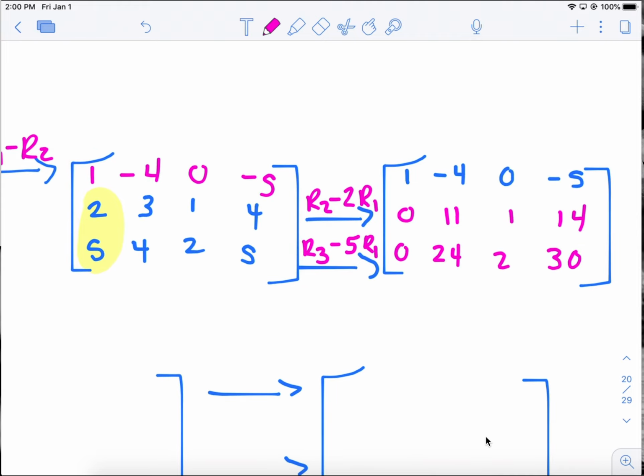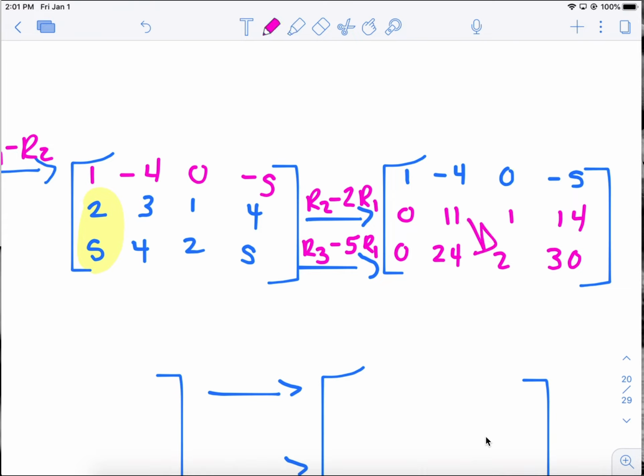All right, next thing I tried to do is, let's see. Oh, I switched them. Because this one was such a big number, I just switched my rows backwards.